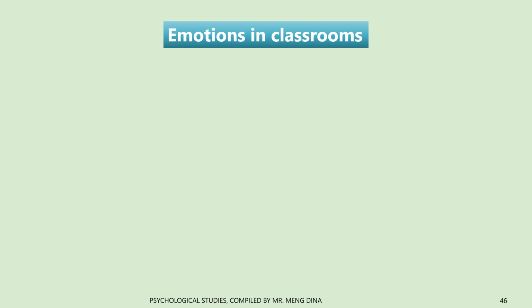Okay, about the emotion in classroom. By my experience, I will tell you about the emotion in classroom, but we need to understand how emotion affects learning and education, because classrooms are emotional settings.